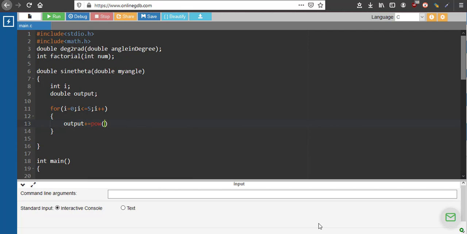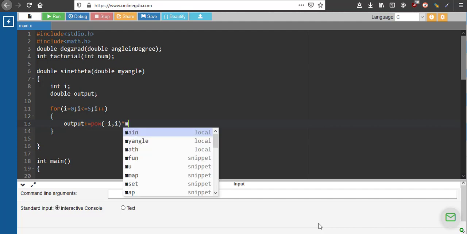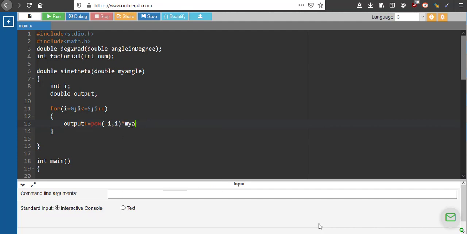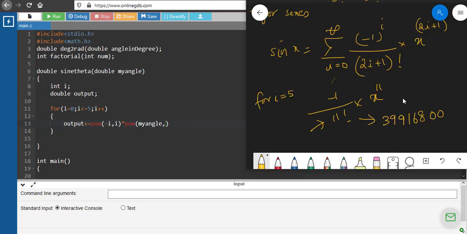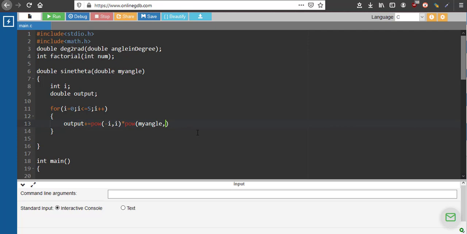The first one is minus 1 raised to i, so that's the first term, multiplied by x. What is x here? x is nothing but my angle. Again this should be power: my angle, comma, raised to 2i plus 1. Here I can write 2i plus 1, where 2i means 2 multiplied by i, divided by factorial of 2 multiplied by i plus 1.